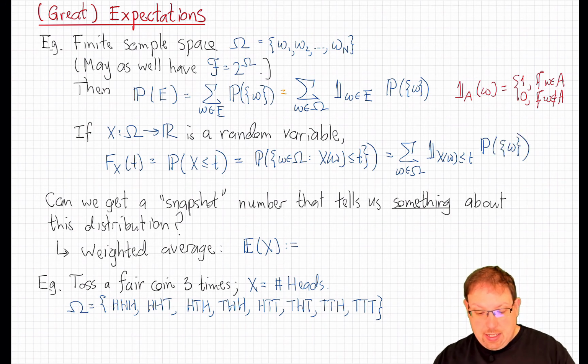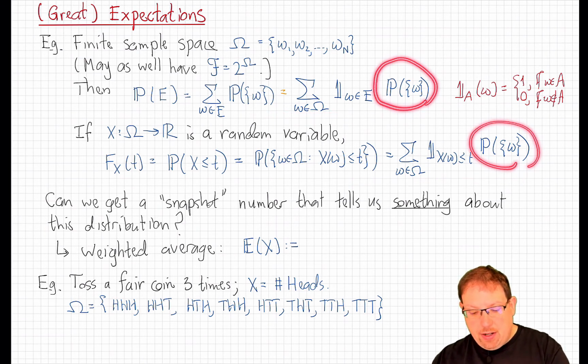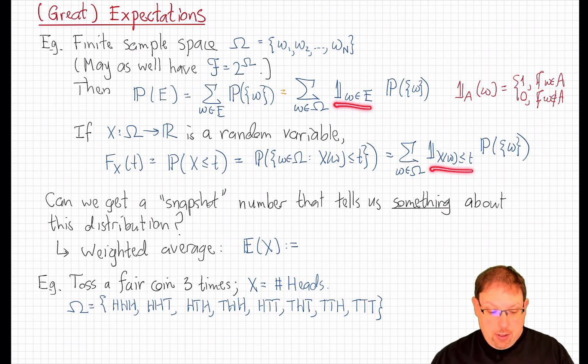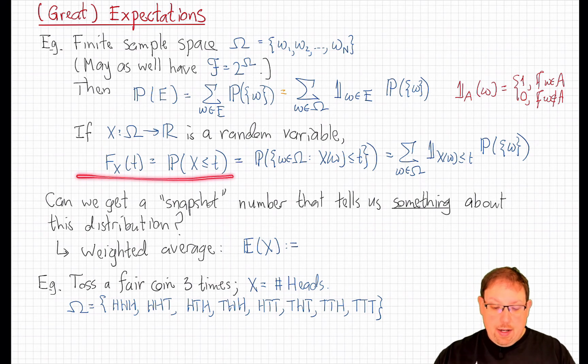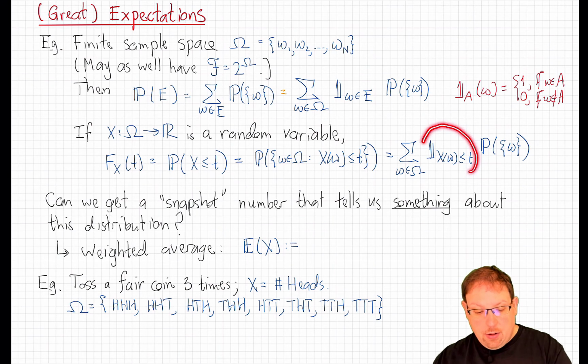So in both of these cases, we can write the probability involved as a sum over the whole sample space weighted by the probabilities of some function. Now that function is a 0-1 function in those cases. But if we want to combine all of this information together into one number that tells us something about the distribution, then what we can do instead is write exactly such a sum, and instead of putting zeros and ones here, we put the function values.